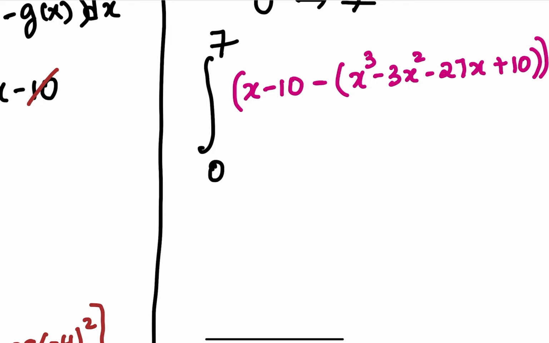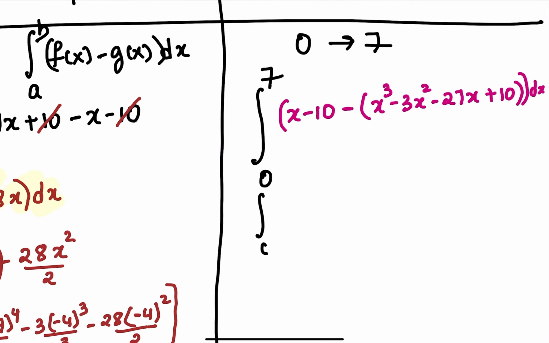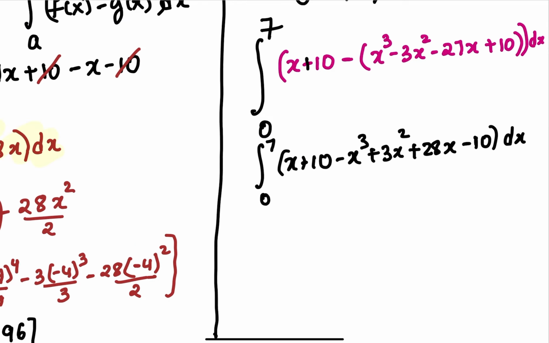So now what do I have? Let me go ahead and simplify this one. This is the integral from 0 to 7 of x minus 10, negative x cubed, positive 3x squared, positive 28x, and negative, this is x plus 10, yeah, negative 10, and dx. And now as you can see, positive 10 and negative 10 cancel each other.